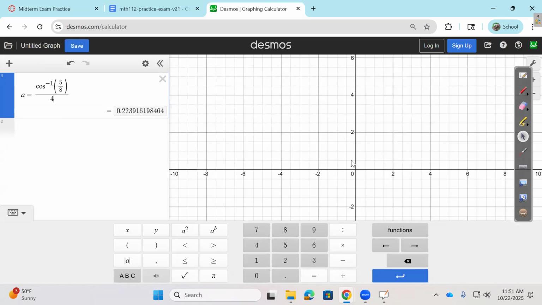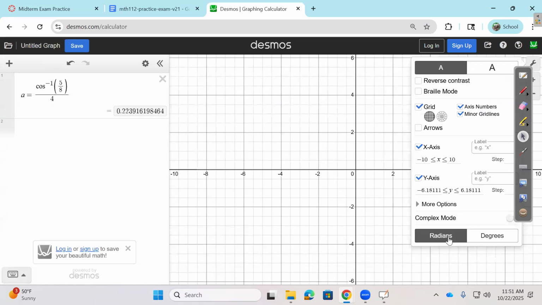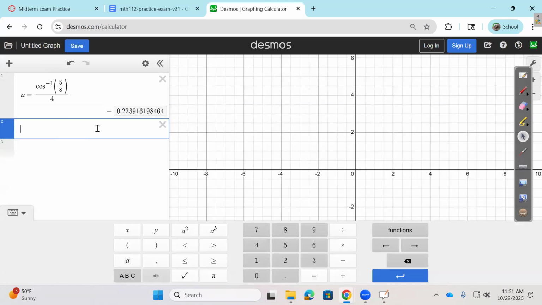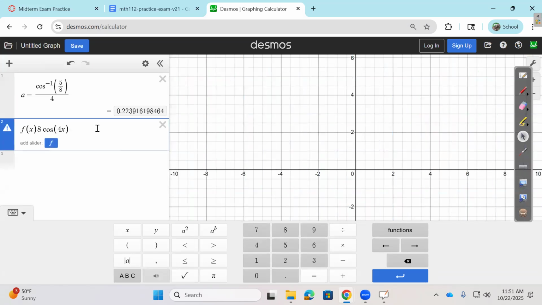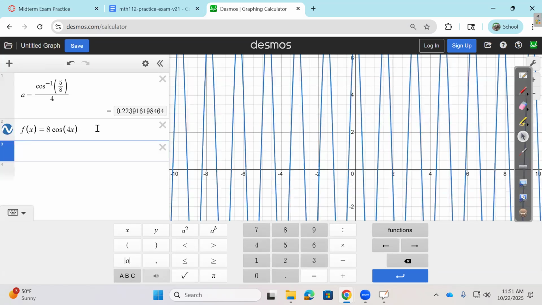Now, at this point, I want to check that one right away before I calculate the other ones. And again, are you in the right mode? I'm in radian mode, which I want to be. So the original equation was 8 cosine of 4x, and I'm going to call that f of x here. And I want to know when that meets y equals 5.